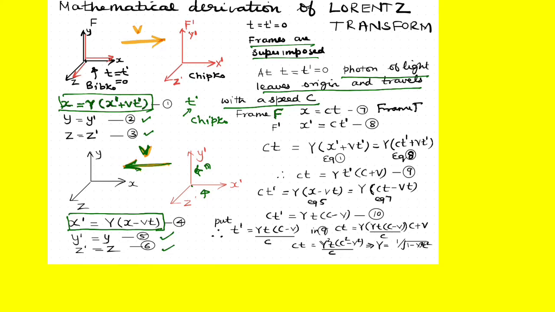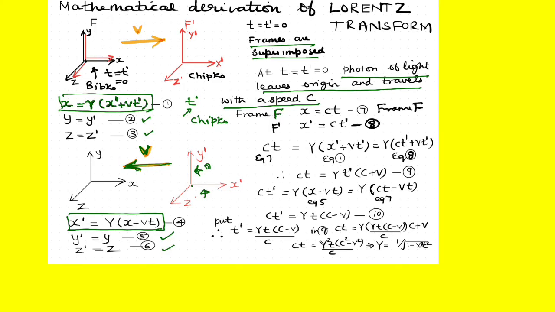In frame F, x is equal to ct. In frame F dash, that is F prime, this is Chipko's viewpoint, x dash will be c into t dash. So this is equation 8. Now c into t is equal to x, this is from equation 7.